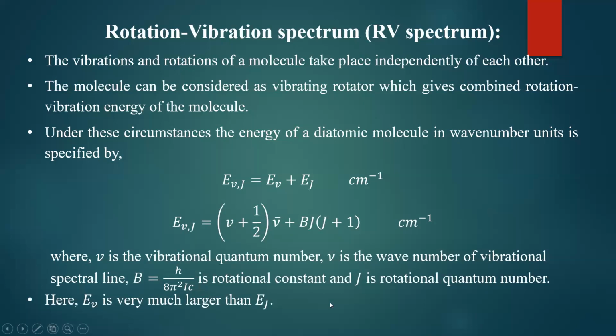Here E_V is very much larger than E_J. If you calculate properly, the vibrational energy is very much larger than the rotational energy. And you can find a number of rotational energy levels for a given vibrational energy level. That means for a given vibrational energy level, you can have a number of rotational energy levels in it.